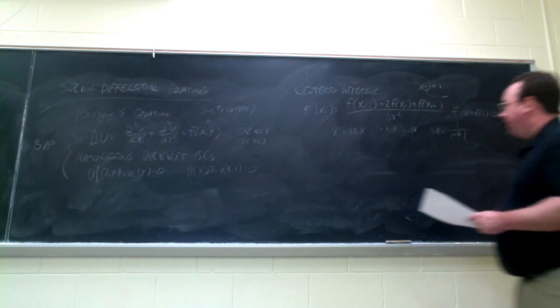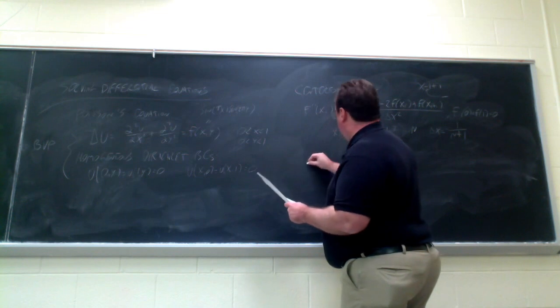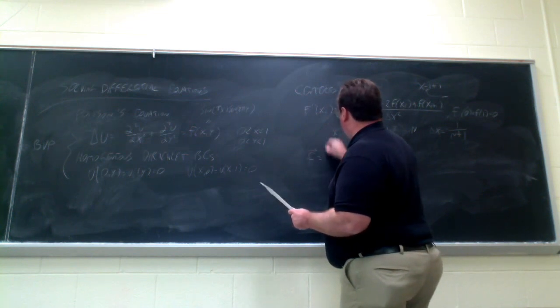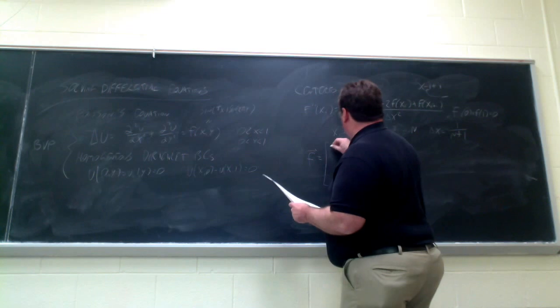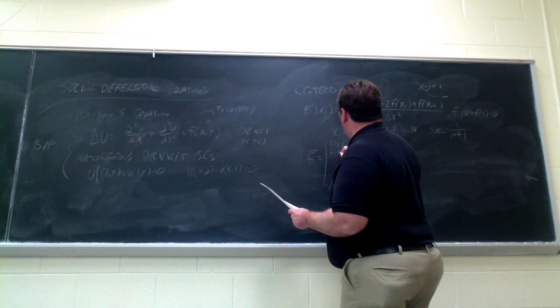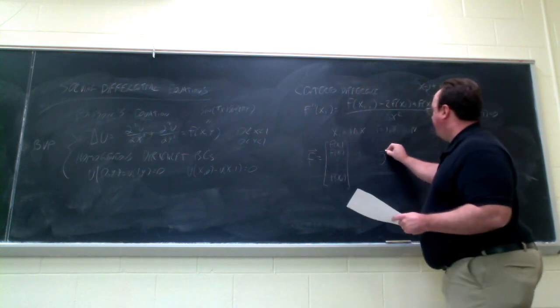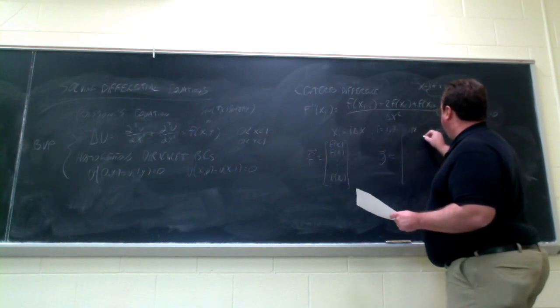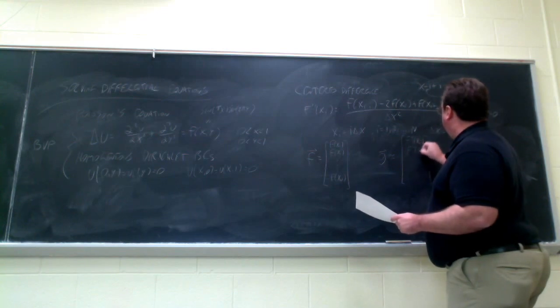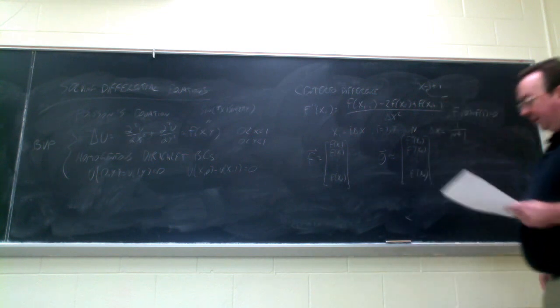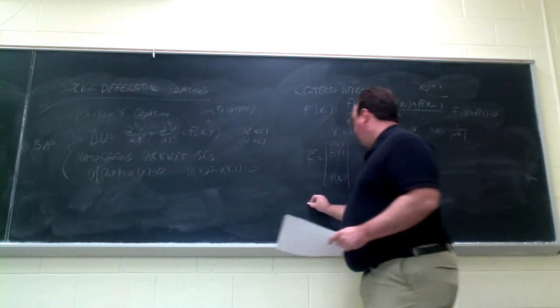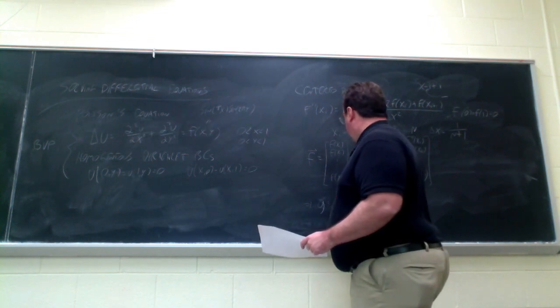So that means that if I define a vector f to be the value of f at these interior points, and then the vector g is meant to be an approximation of f double prime at these same interior points, then I can say that g is A times f.